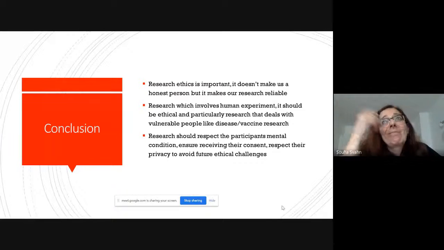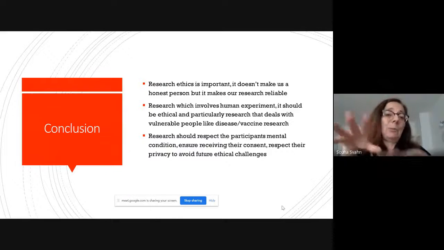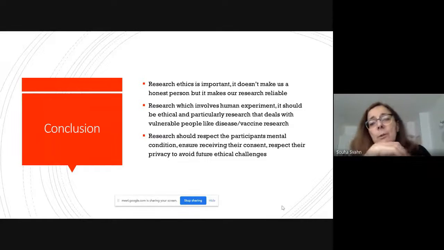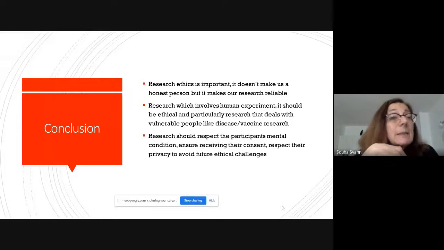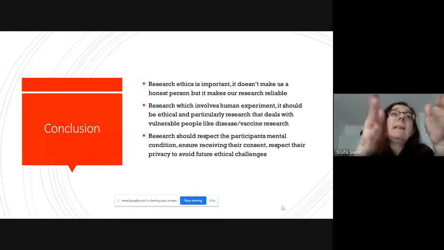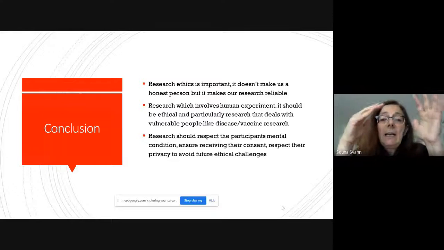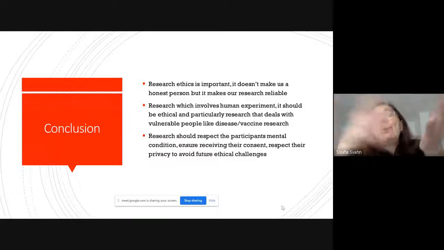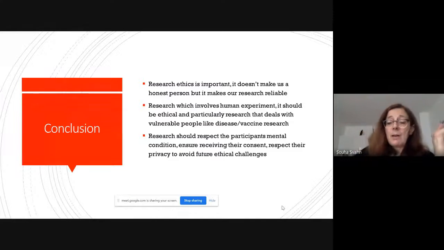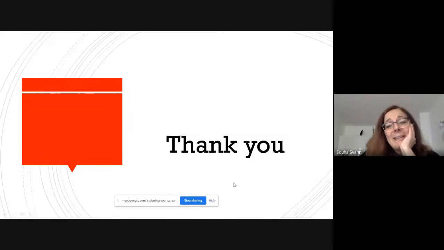We need to open our eyes more and more. Research should respect the participants' mental condition and ensure that they give their consent and their privacy is protected, to avoid future challenges. So here we are, and thank you very much for your attention, and I'm open to questions now.